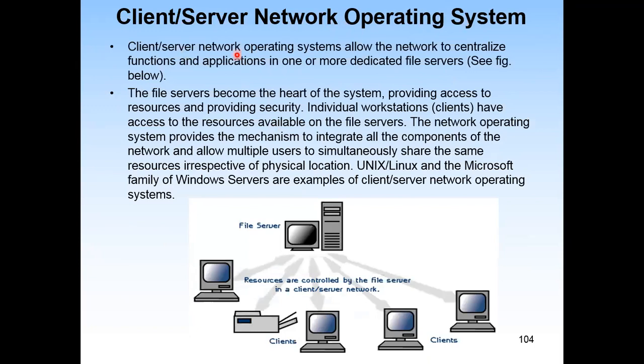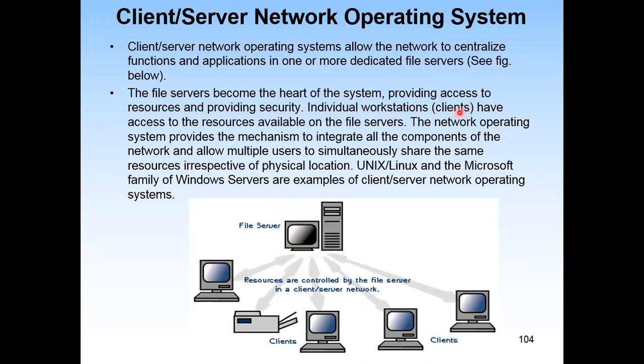A client-server network operating system allows the network to centralize functions and applications in one or more dedicated file servers. You can see there is one dedicated file server through which all other devices are connected and controlled using the policies and procedures maintained on the file server. The file server becomes the heart of the system, providing access to the resources and providing security.